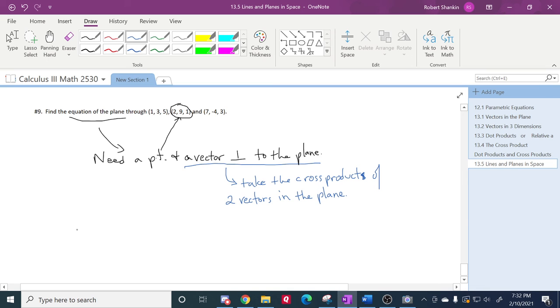All right, so we now need two vectors in the plane.